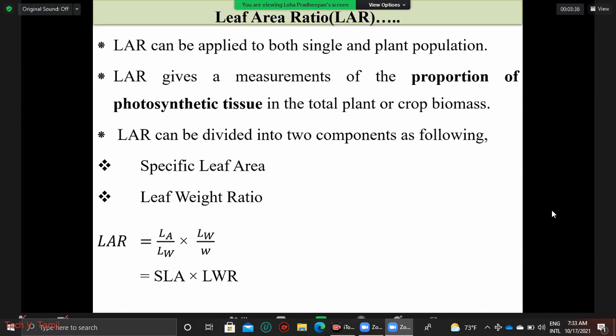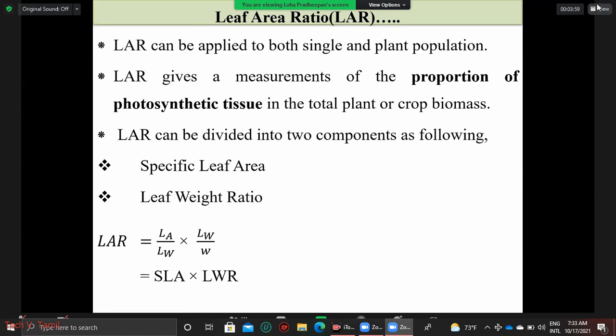So multiplication of the specific leaf area and leaf weight ratio will give the value of the leaf area ratio.